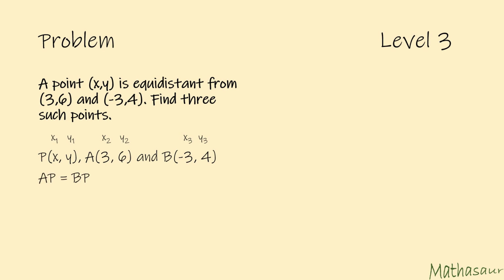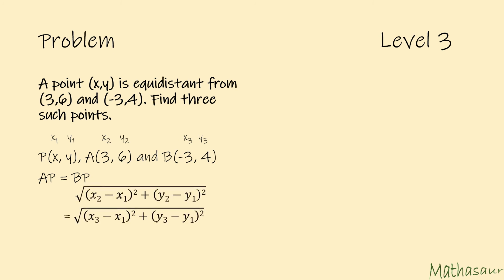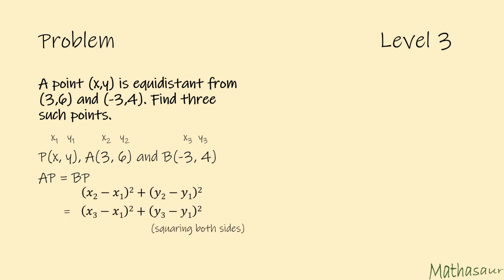Now once again, we are given that AP is equal to BP since point xy is equidistant from A and B. Now let us substitute the formula, squaring both sides and putting the values.